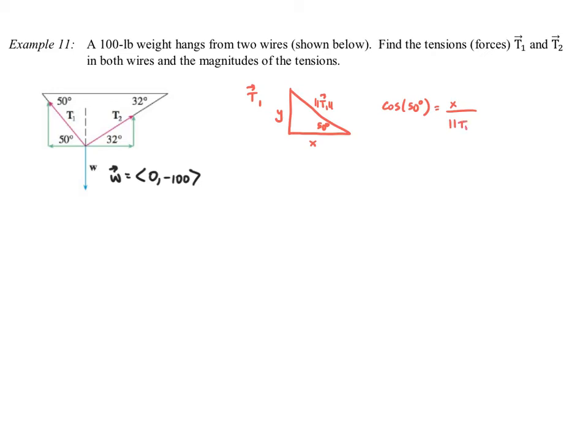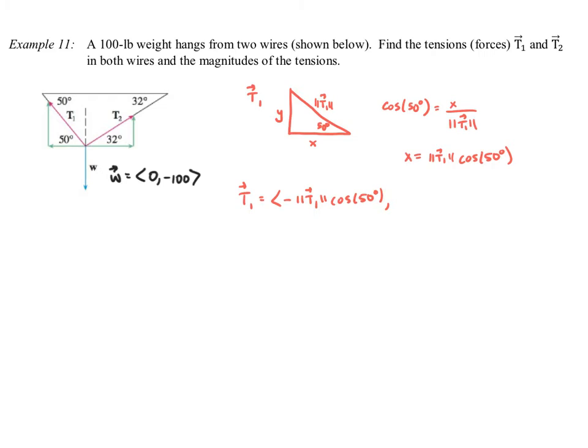So we would divide by the magnitude of T1 here. That means that x would be the magnitude of T1 multiplied by cosine of 50. Now, when we start to set up our vector components for T1, that value is going to actually be negative because it is going to the left. So we have negative magnitude of that vector times cosine of 50 degrees.